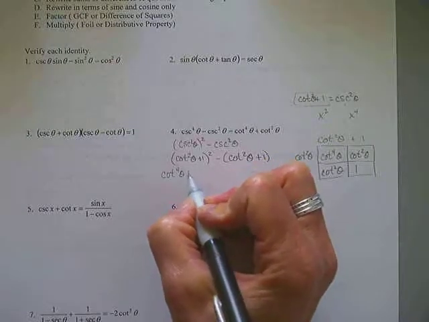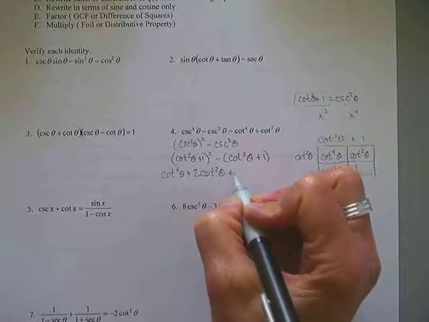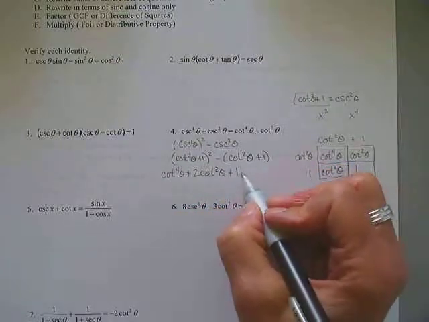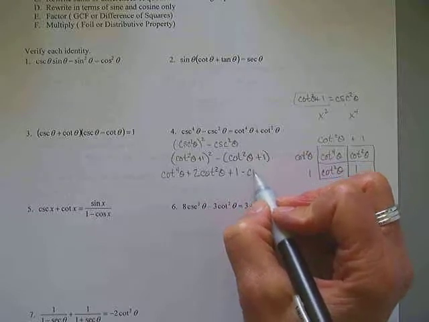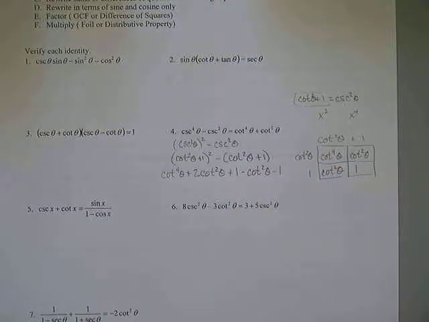Maybe. All right, so this is cotangent to the 4th of theta plus 2 cotangent squareds of theta plus 1 minus cotangent squared of theta minus 1. I distributed the negative inside. Does everybody see that? All right.